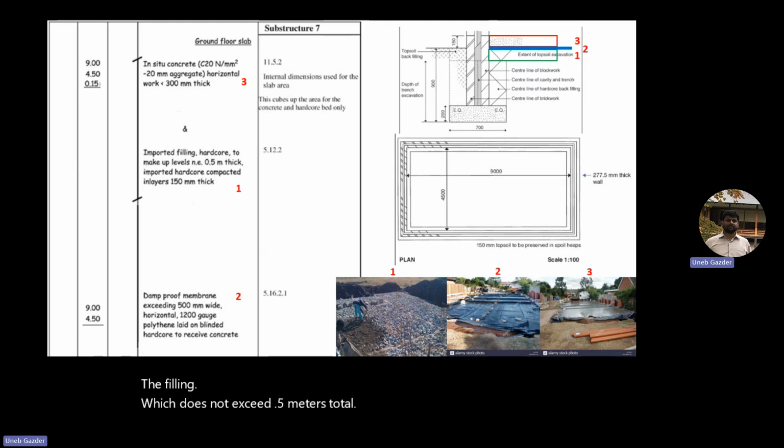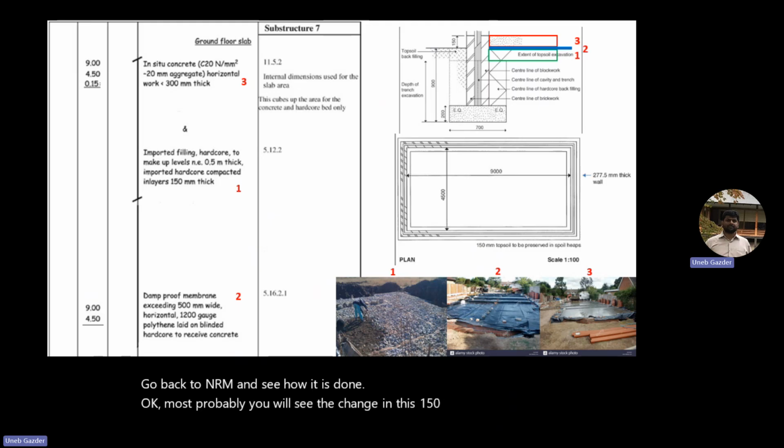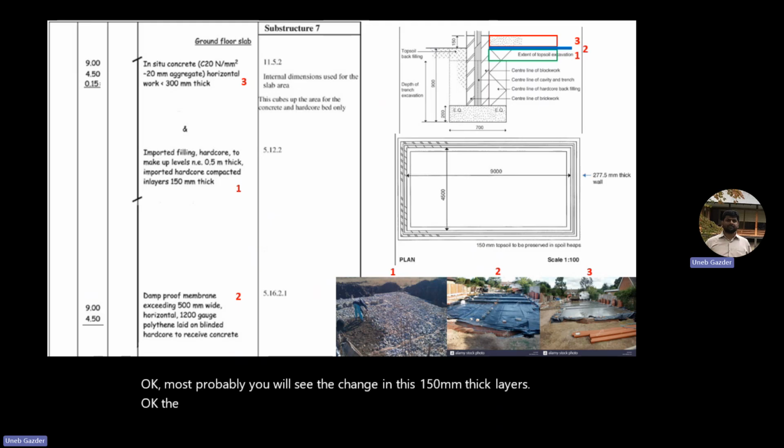Maximum is 0.5 meters. It could be 0.4 meters. It could be 0.1 meter. So anything up to 0.5 meters is this. Anything more than 0.5 meters, go back to NRM and see how it is done. Most probably you will see the change in these 150 millimeter thick layers. The layer size may change.